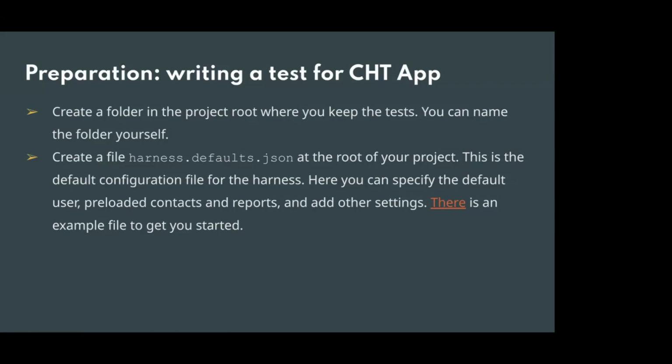And once you have done that, you can then create a harness defaults JSON at the root of your project. This is actually a default configuration file for the harness that contains the default user, the subject, the different contacts that can be preloaded and used during the test, and also some preloaded reports and different settings. We can have more details about that on the link that will be provided.